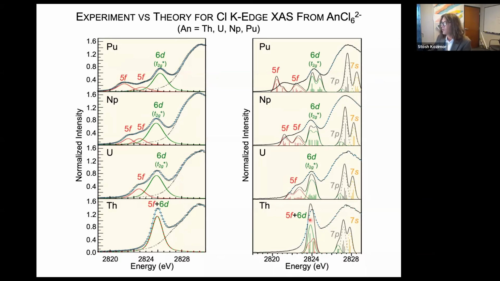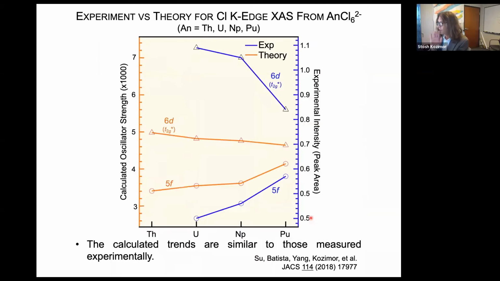I'd like to go into more details about what we can extract from these measurements, but I don't have time for that. So I'm just going to talk to you about some general trends. And this is a complicated graph, but I'll walk you through it. On the left here in orange, I've got the calculated oscillator strengths from the time-dependent density functional theory calculation.